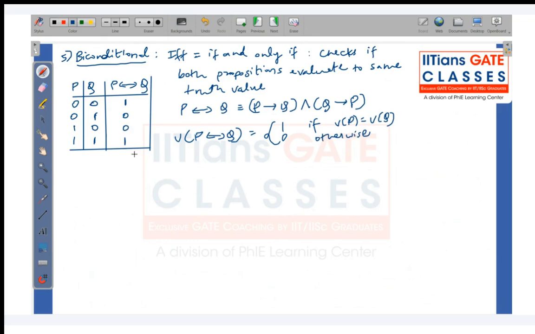In digital logic, what is this gate? In digital electronics, this is the truth table of which gate? XNOR, exclusive NOR.